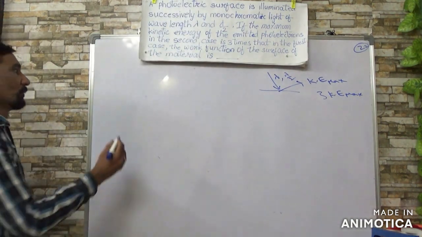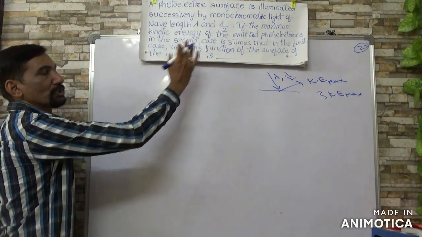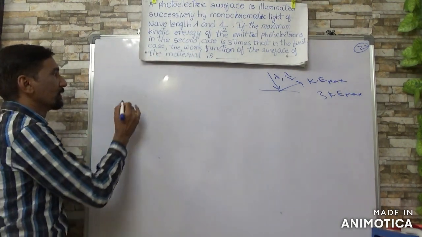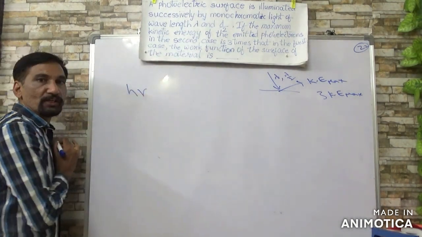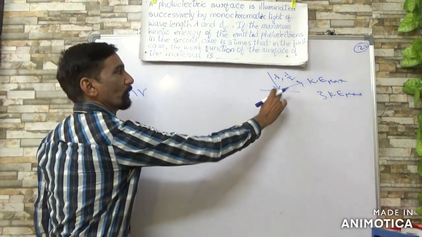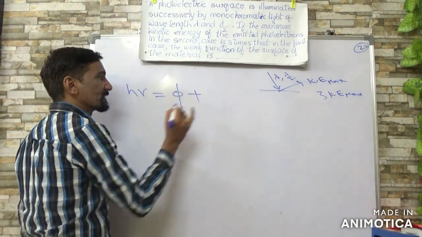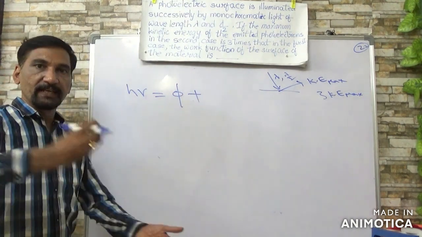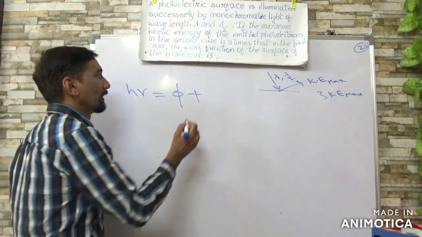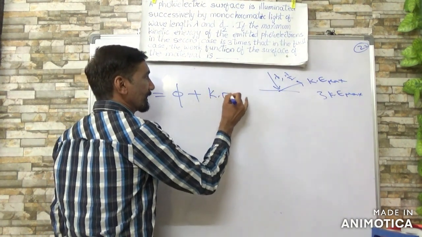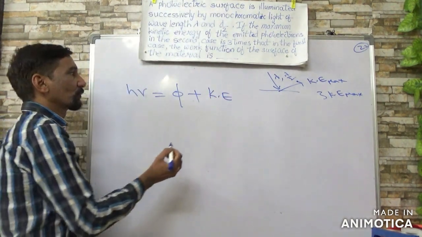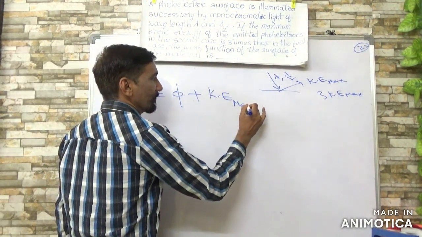So you know, according to Einstein's photoelectric equation, light energy given to the metal is always utilized in 2 ways. Certain part extracting electrons and remaining part is kinetic, right? So KE maxima.